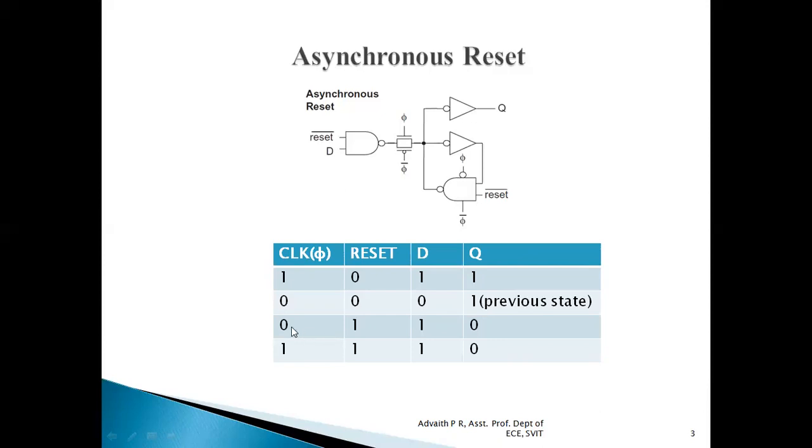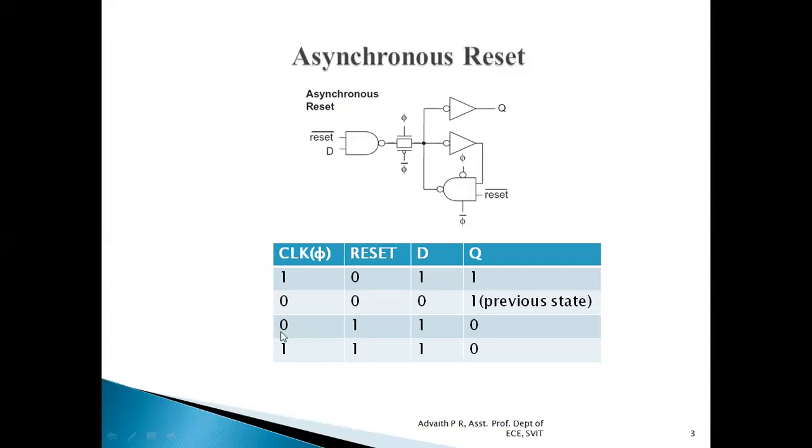When clock is 0, reset is 1 and D input is 1, the output becomes 0 because reset is high. It doesn't depend upon clock. Whereas in synchronous reset, in the previous lecture video, the reset was dependent upon clock. Here, the entire asynchronous reset circuit is independent of clock.